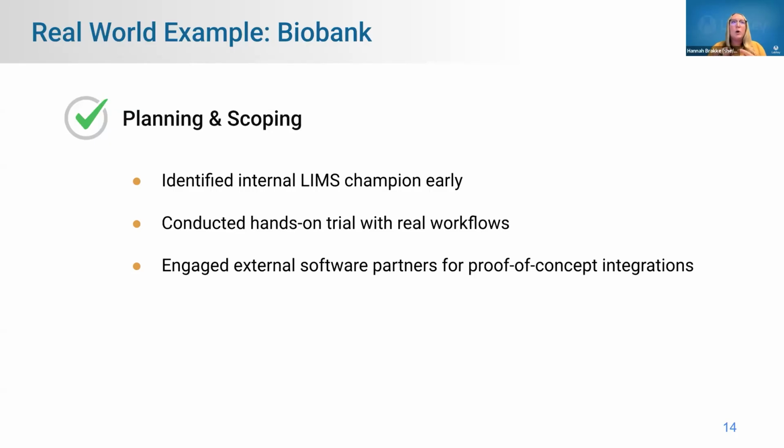We also made sure that we had a hands-on trial with their real workflows prior to the implementation. So they had a really good sense of our software prior to even purchasing it. And that made the implementation then much faster once that decision was made.